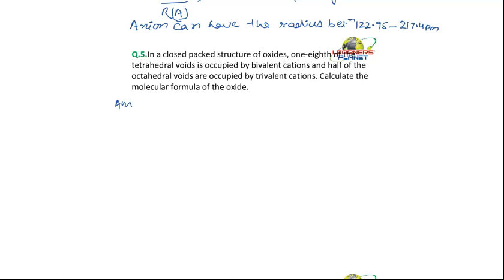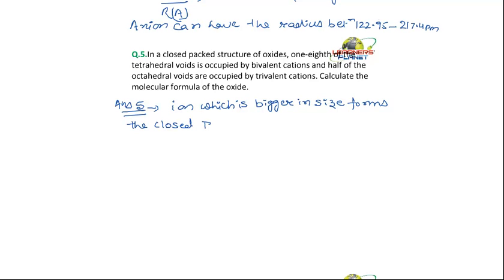Now I have told you that the ion which is bigger in size forms the closed packing, right?